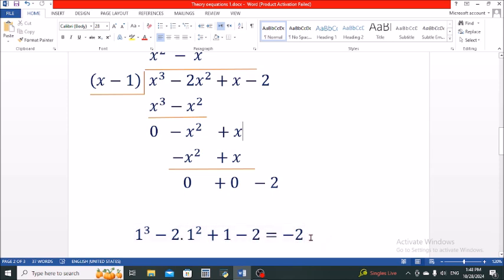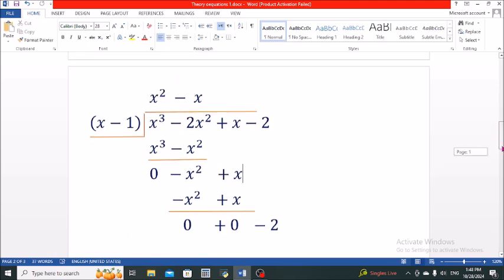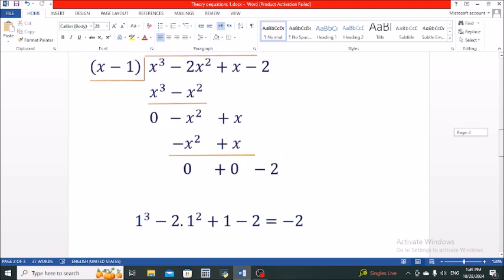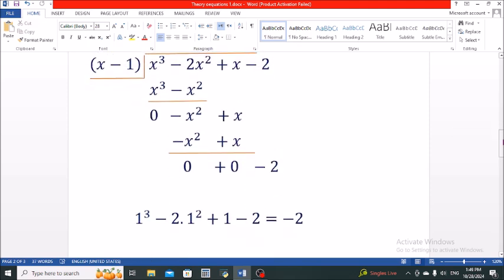The result is minus 2, because we have 1 and 1, that's 2, and minus 4, so we have minus 2. Then we proved our theorem is true, because when we divide by x minus 1, the remainder is equal to the value of the function f of 1.